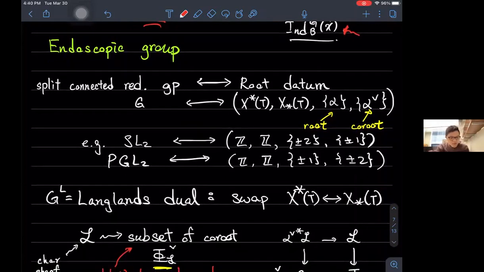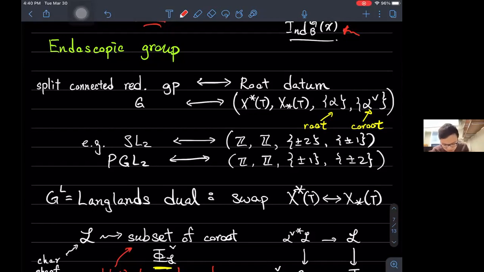Okay. Let me switch gears and talk about endoscopic groups. By a theorem, I don't know who proved it, but you will see it in Borel's book, there is a classification of split connected reductive groups. They correspond to 4-tuples, namely the root datum.